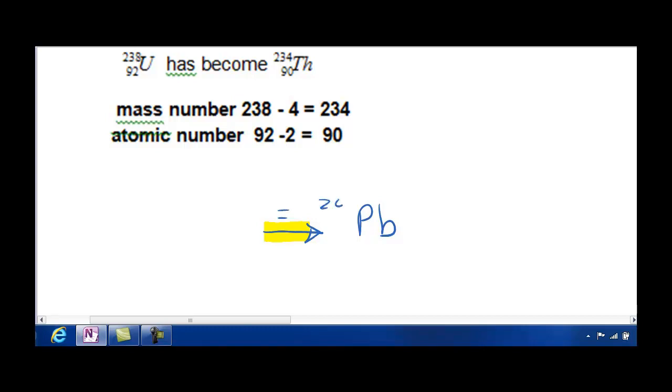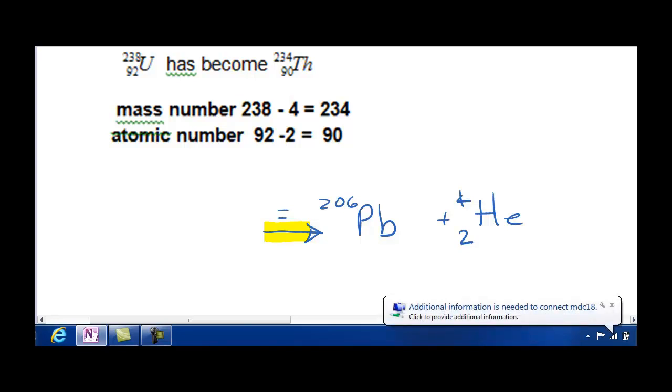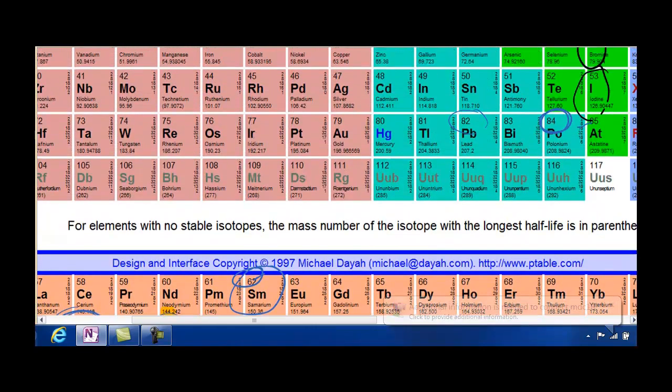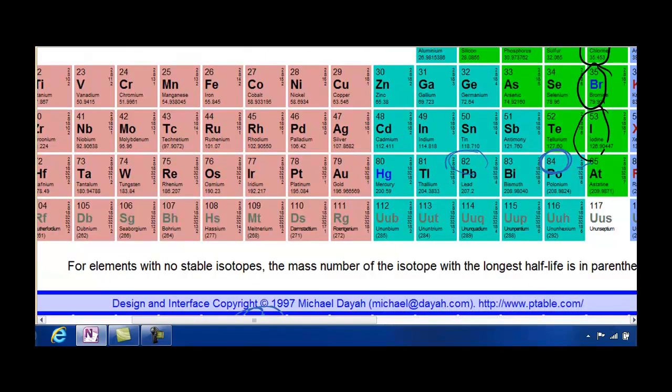On the top I have a 206, and it's emitting alpha, but instead of alpha, I write what? He. So that's my strategy. I don't write alpha, I write He-4-2, because they're the same. And if it's lead, what is the atomic number? What does the chart give you? 82. You all looking at 82 on your periodic chart? I know you didn't memorize the periodic chart. You need to look at lead, and that 82 is what I'm talking about.